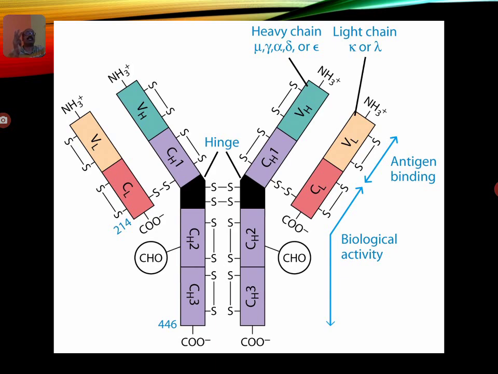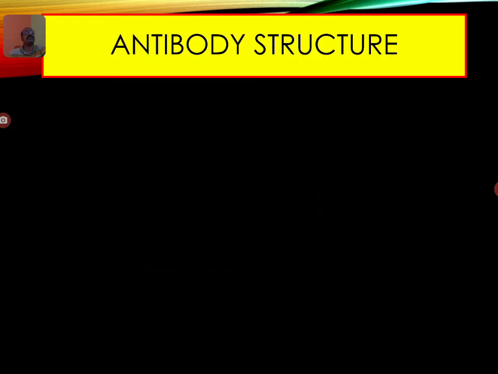It's nothing but variable domain and constant domain. Whereas in the light chain, one variable domain and one constant domain are present. The light chain and heavy chain together form the antigen binding site, whereas only the heavy chain in the stalk region is called the biological activity region.